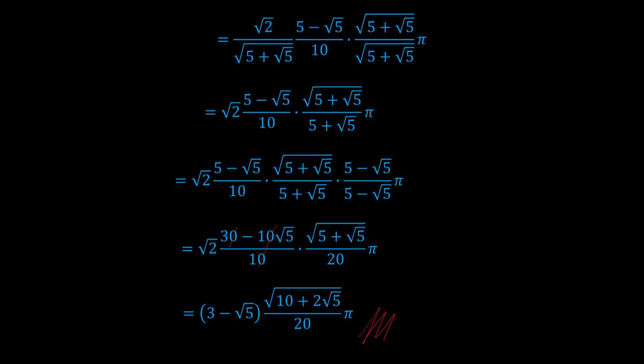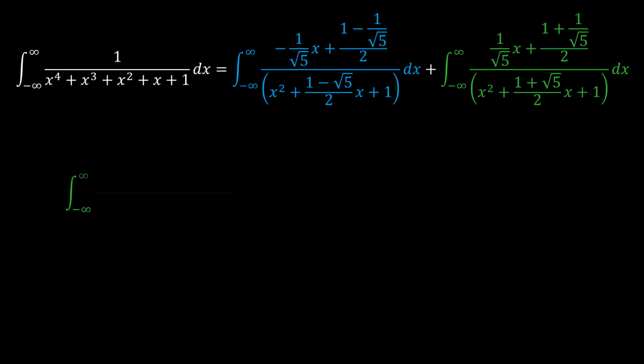Now we're going to try and look at the green integral, using the same steps to get the answer. Since our integral now involves blue and green, we're going to focus on the green integral, and we'll use the same steps that we used in solving the blue integral.